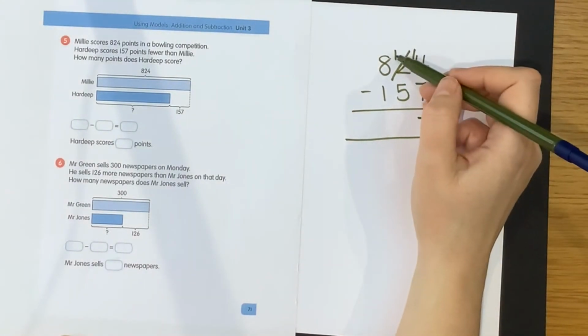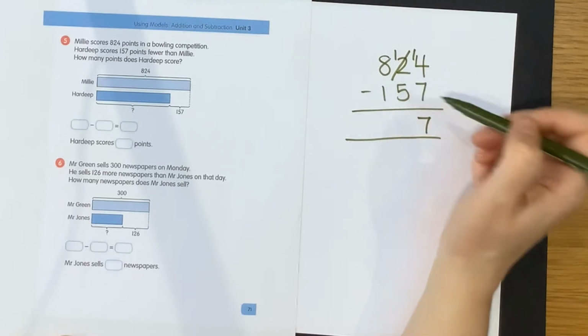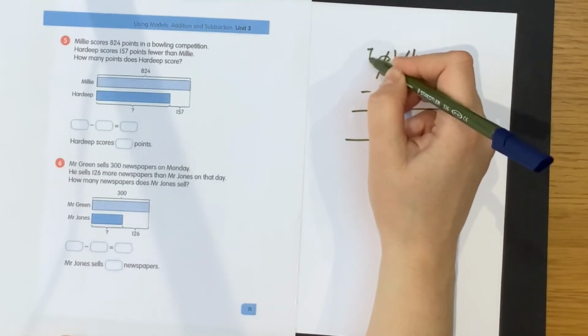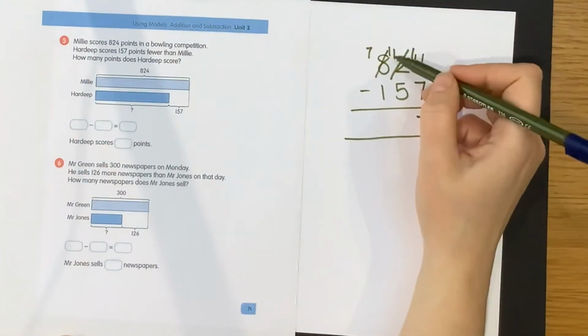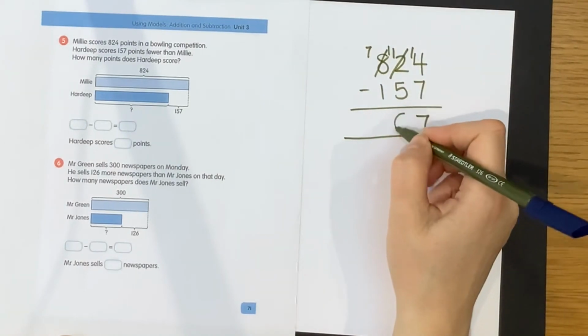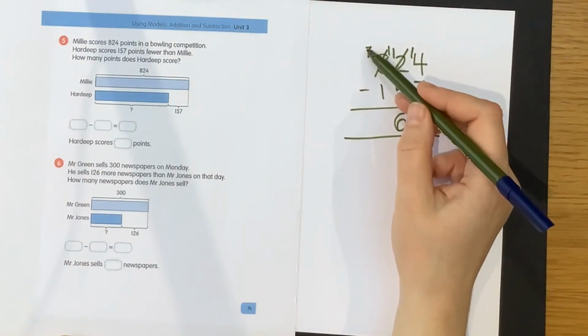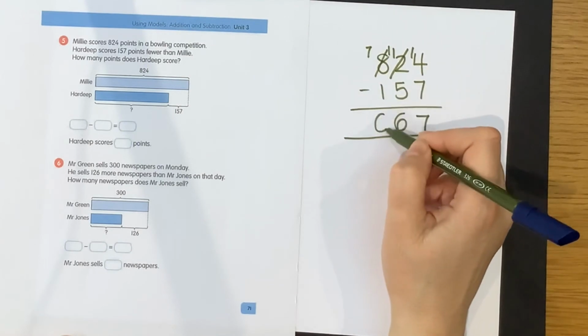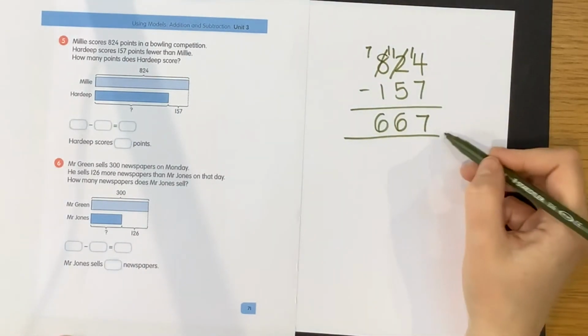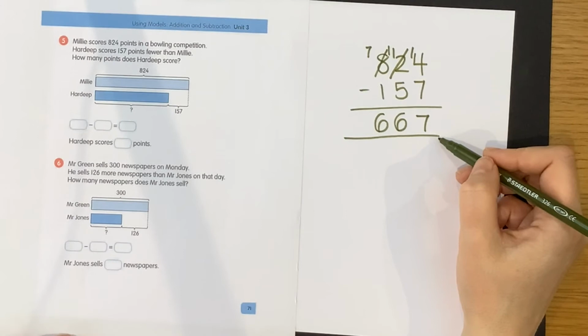Now for the tens, 1 ten take away 5 tens. I can't do that. I'm going to regroup 100 into 10 tens. 11 tens take away 5 tens is 6 tens. And 700 take away 100 is 600. So Hardeep scored 667 points.